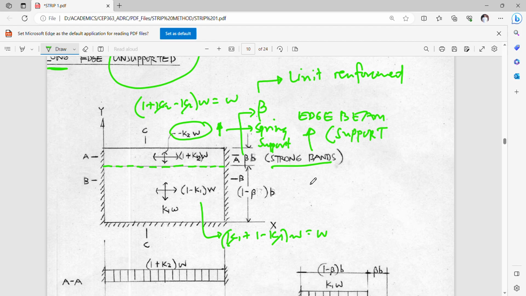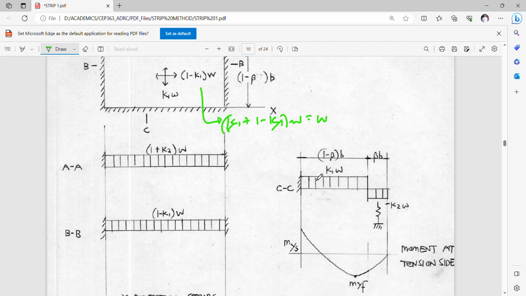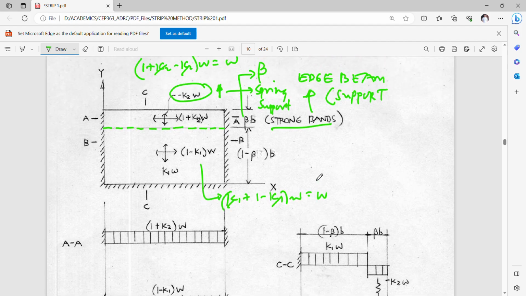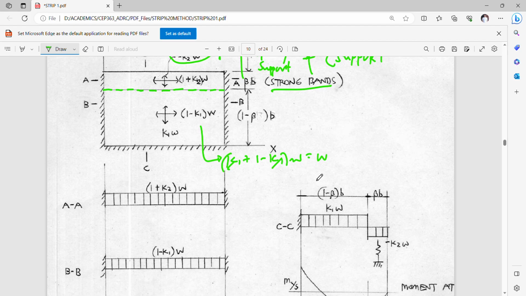So for your X direction strip AA and BB, the loading diagrams are here, 1 plus K2 in this direction, and 1 minus K1 in this direction. Okay, so take note that this is directed downwards.